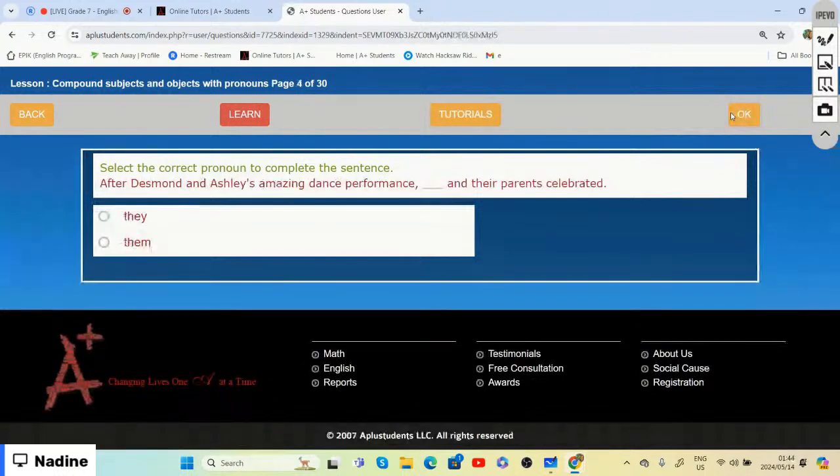All right, another one. After Desmond and Ashley's amazing dance performance, do we say they and their partners celebrated, or do we say them and their partners celebrated? Which one is the correct one?